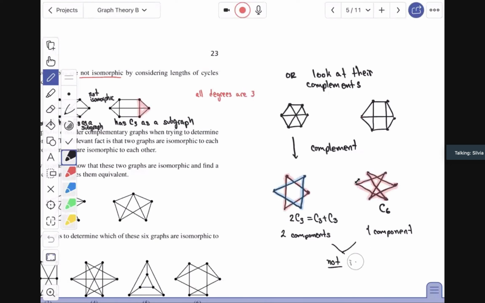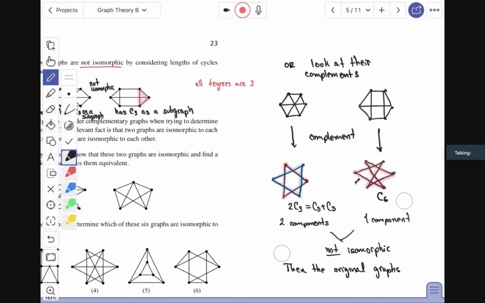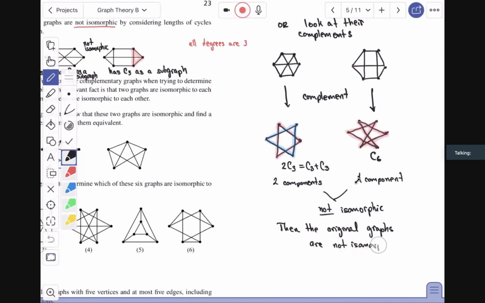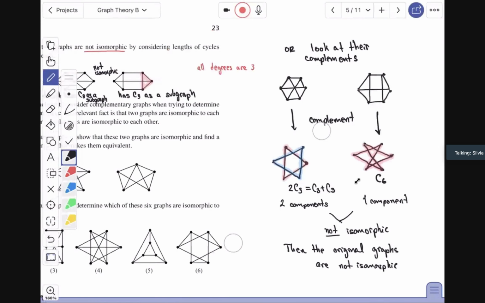They have different number of components. Then the original graphs are not isomorphic.